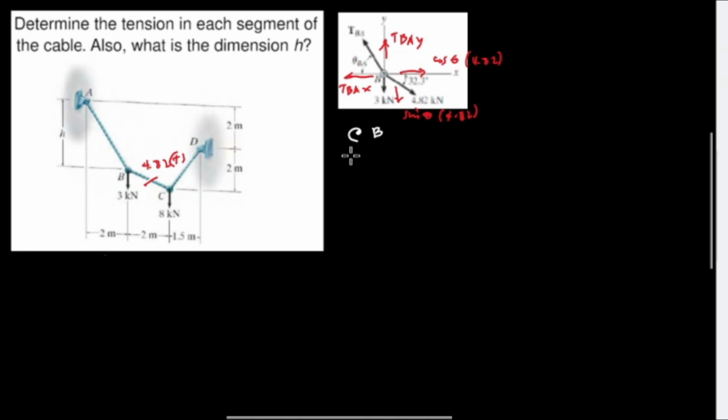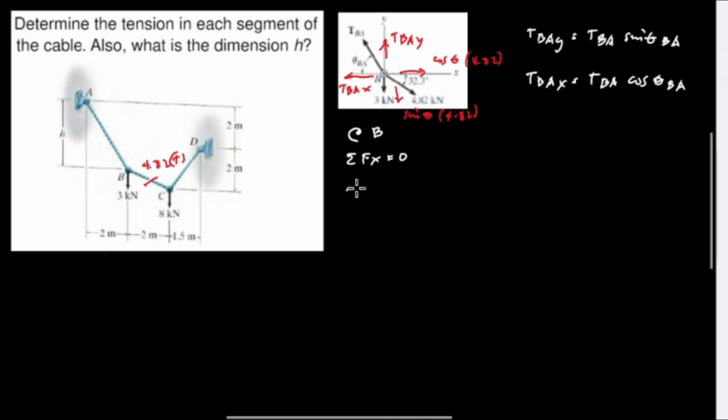For TBAY we're using sine theta BA, or TBA times sine theta BA, while TBA of X is TBA cosine theta BA. And summation of forces along X is equal to 0.